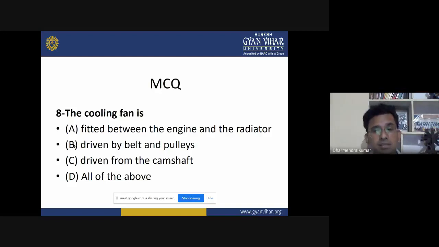And third, it is driven from the camshaft. Then we can say that all three statements are true regarding this cooling fan. Then we are surely going with the all of the above option.